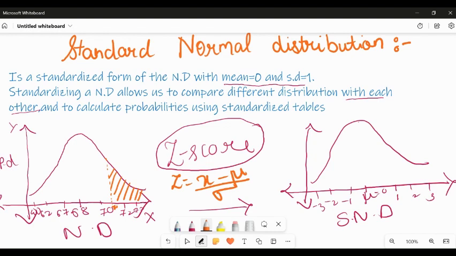So this is the z score formula, x minus mu by sigma. I'll go to Google and show how the z table actually looks, and based on that I will do a calculation, and then we will be plotting it.